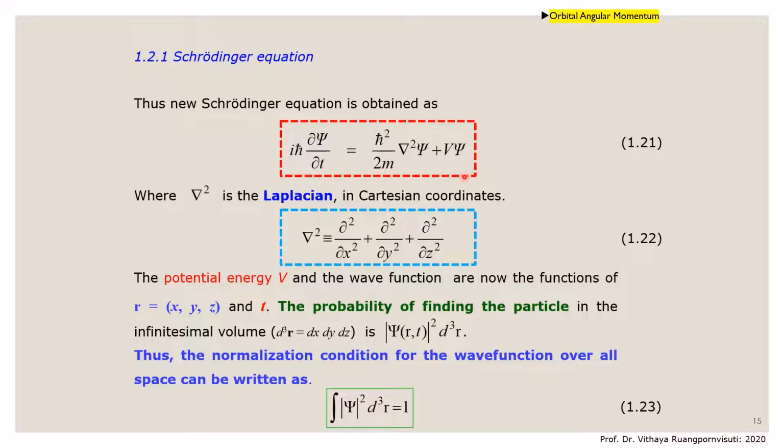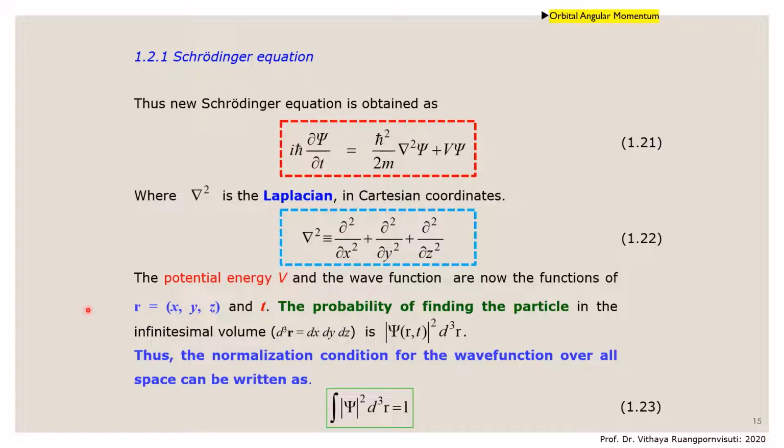The potential energy V and the wave function are now functions of the displacement r. This is a function of the x, y, and z coordinates, and a function of time.